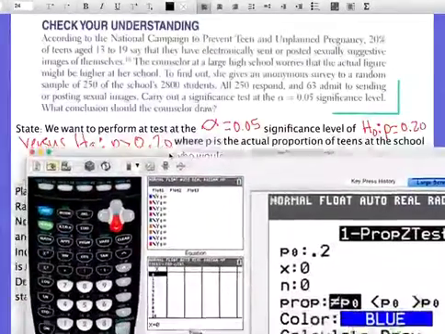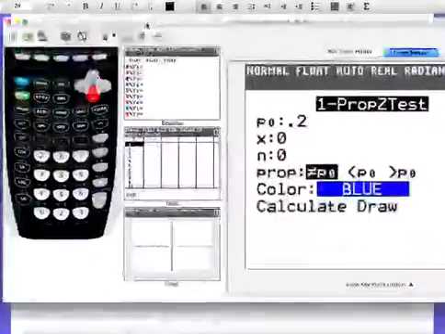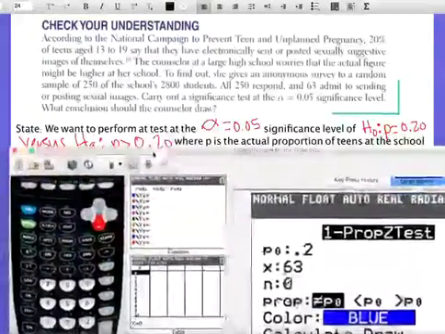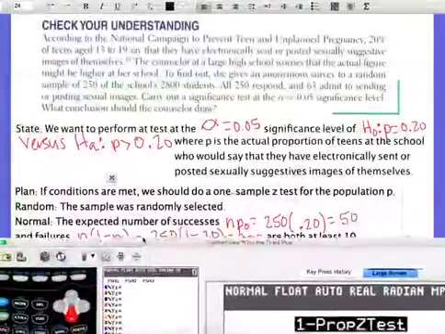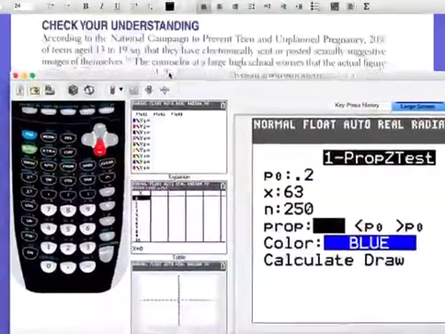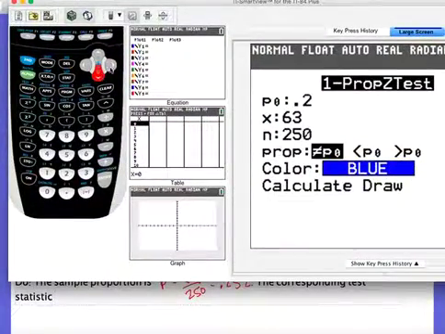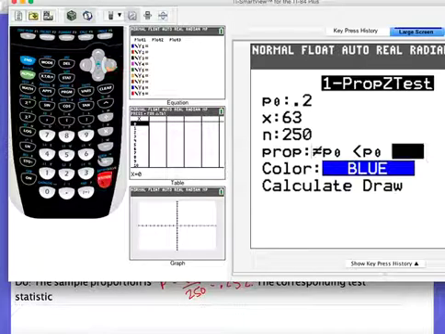Your x would be your successes, which in this case would be 63. And your n would be the number in your sample, which is 250. For this one, our guidance counselor said that she thought the figure was actually higher, so we would want to do greater than. And then we'll calculate.